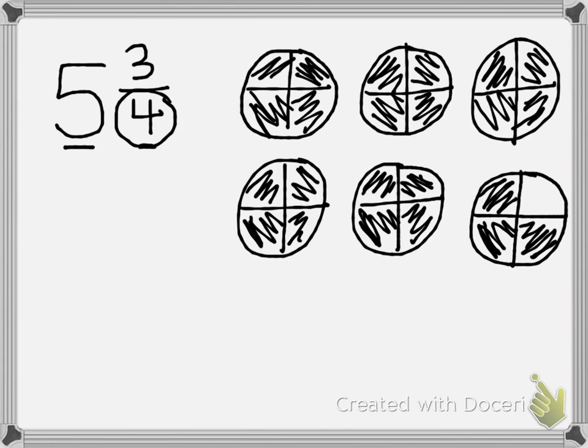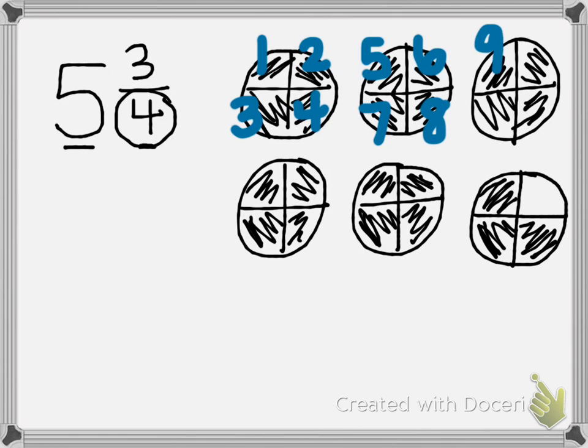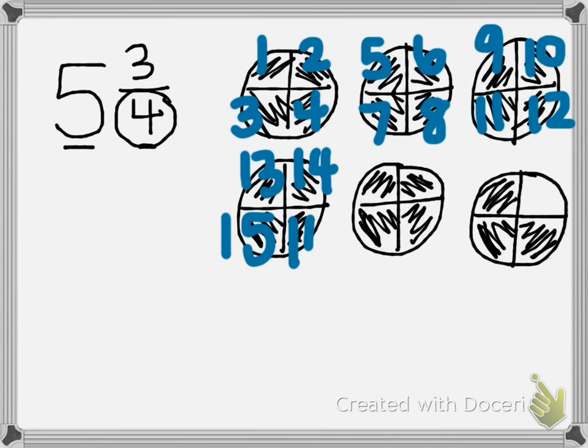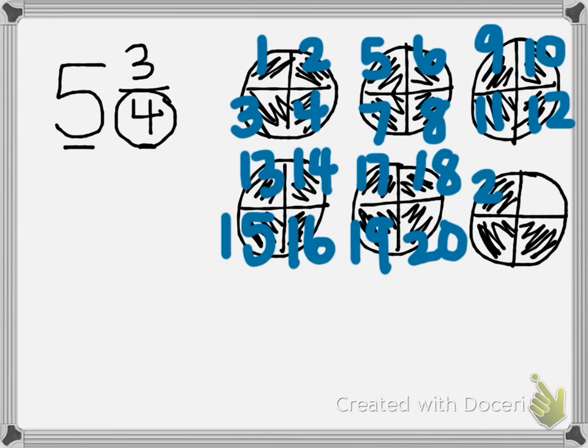We're going to count all the parts. 1, 2, 3, 4, 5, 6, 7, 8, 9, 10, 11, 12, 13, 14, 15, 16, 17, 18, 19, 20, 21, 22, and 23.